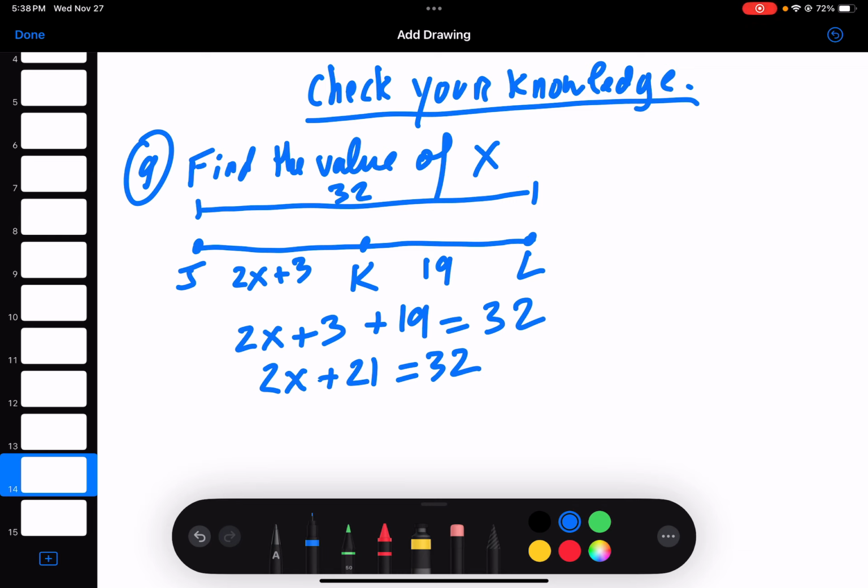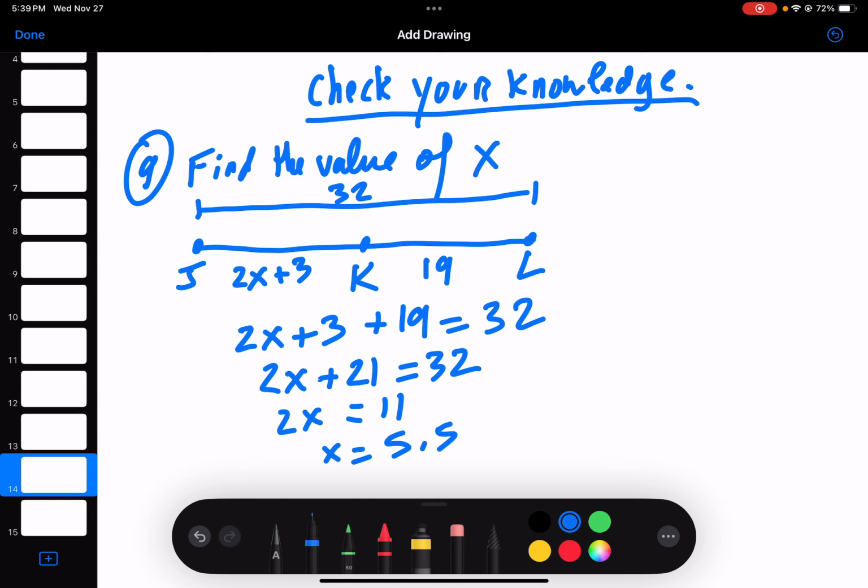We don't move the 21 to the other side, we subtract 21 from both sides. So we have 2x is equal to 32 minus 21. That would be 11. So x is equal to, you divide both sides by 2, 5.5, right?